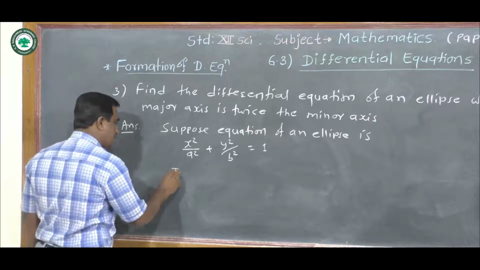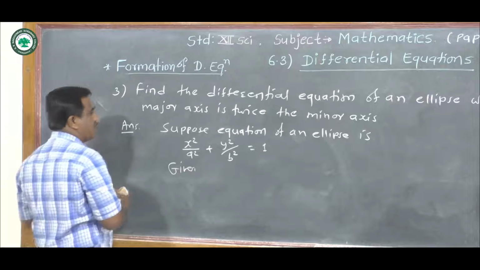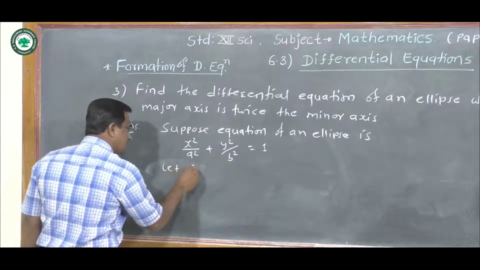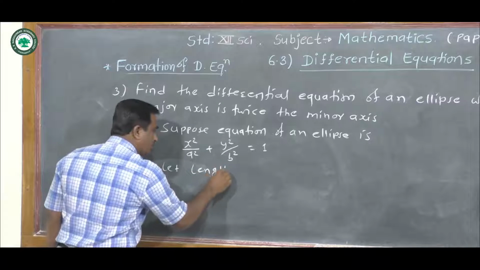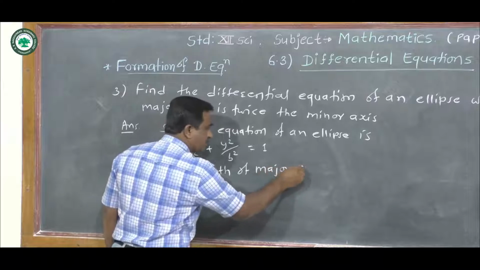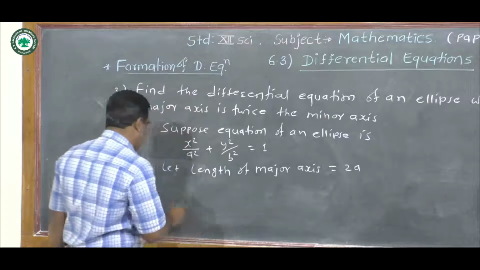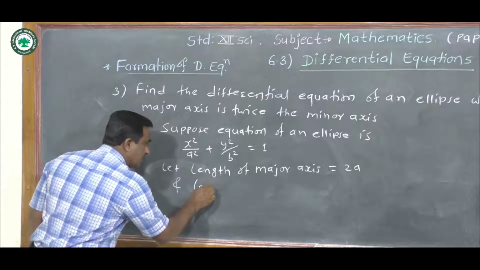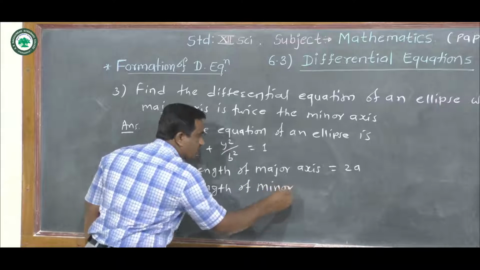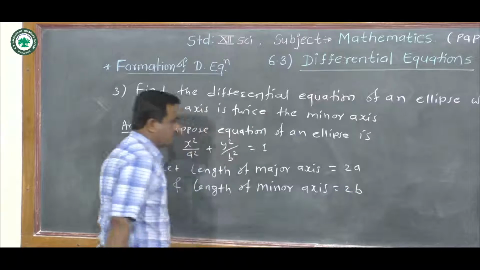And given that, first we write here length of major axis and length of minor axis. Let length of major axis is equal to 2a and length of minor axis is equal to 2b. Okay.